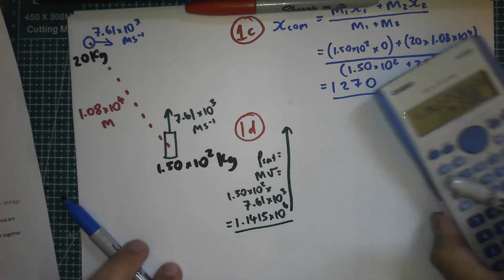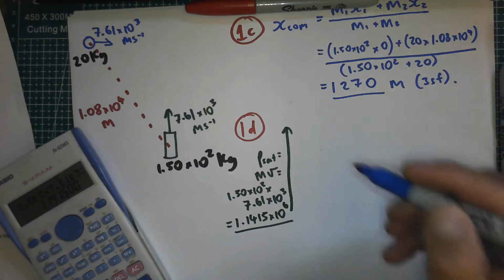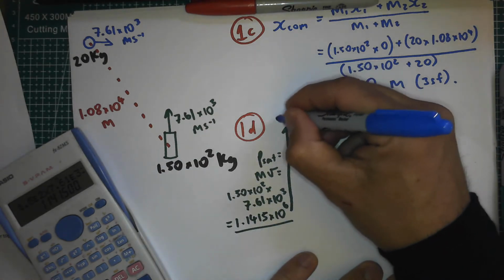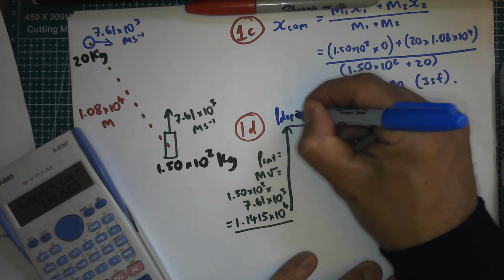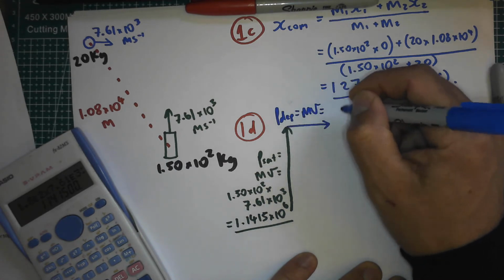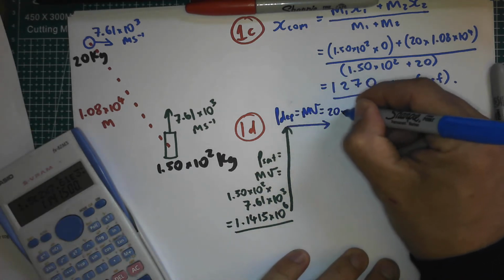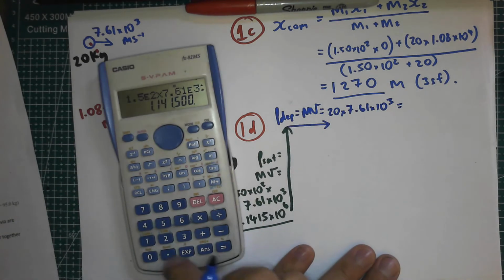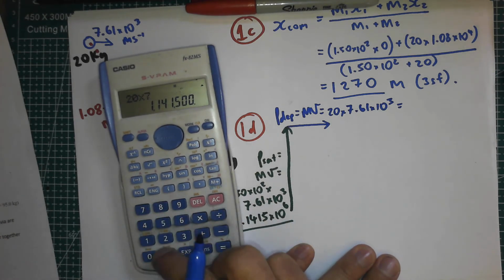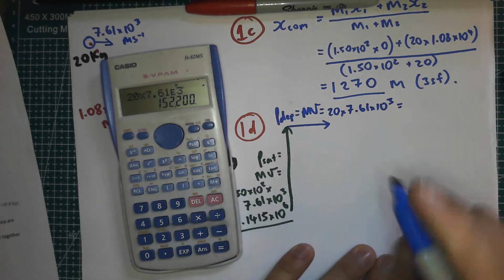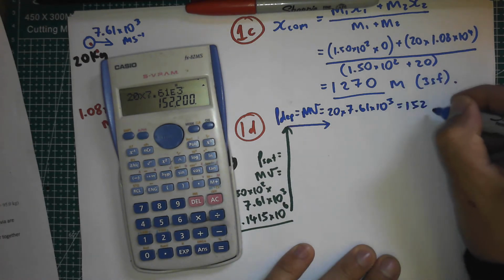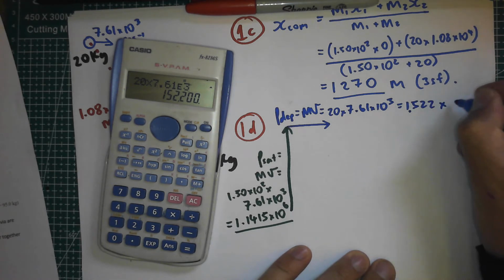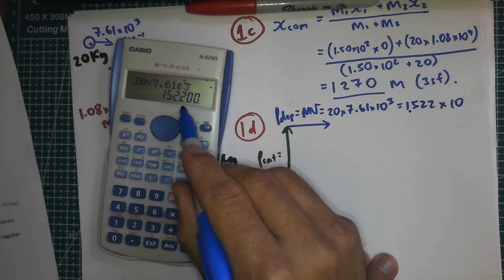Cool. The momentum of the debris is going to be much smaller because the mass is much smaller. So P deb is mv, and its mass is 20 times its velocity, 7.61 times 10 to the 3. 20 times 7.61 gives 1.522 times 10 to the 5.